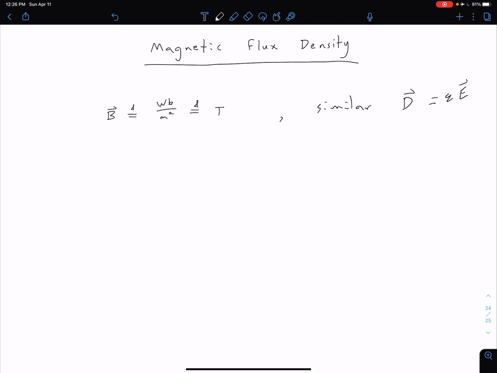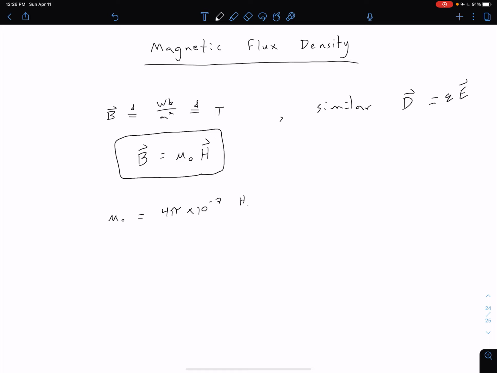And so the relationship between this magnetic flux density and our magnetic field intensity is B equals mu naught times H, where this mu naught is our permeability of free space. That value is 4 pi times 10 to the minus 7th henries per meter.